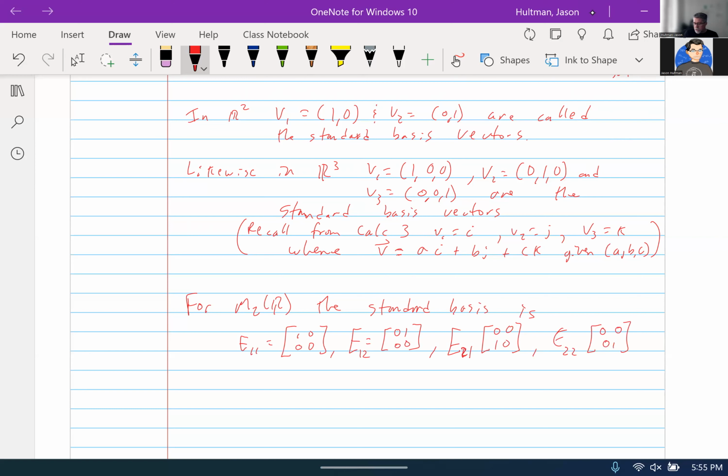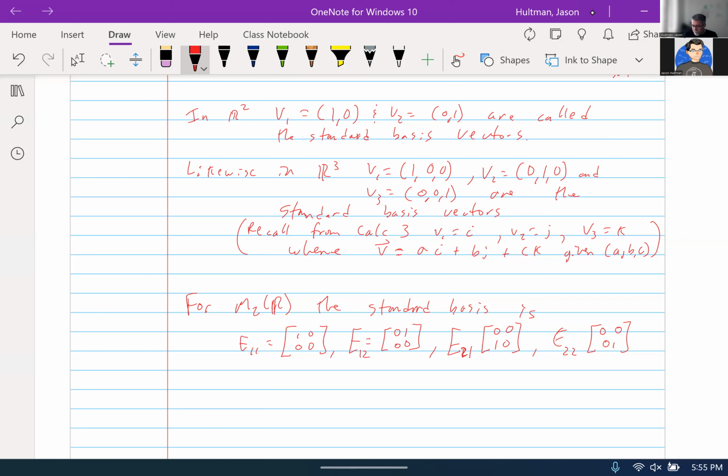So according to this, I can create any 2x2 matrix out of any linear combination of these four matrices.